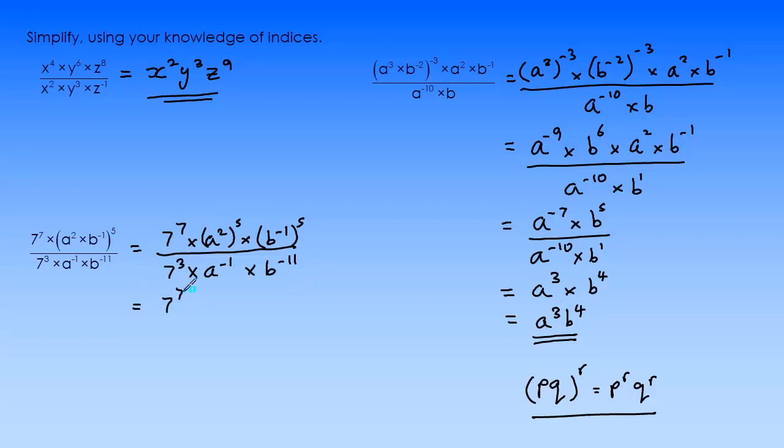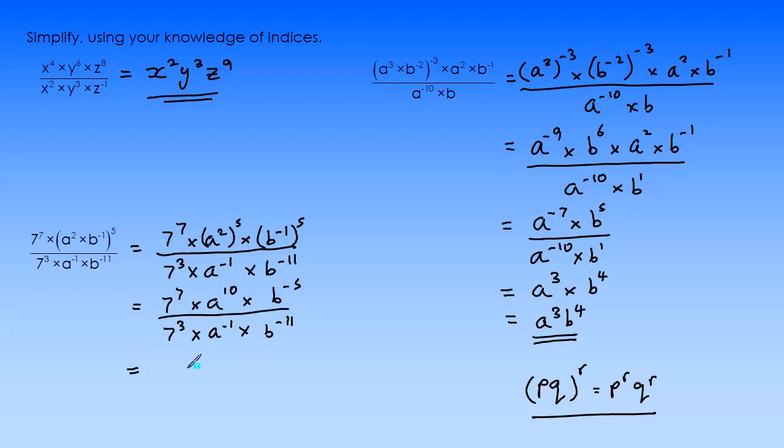So that's 7 to the 7. Remember, here we multiply indices, so that's a to the 10. And here we'll have b to the -5 all over 7 cubed times a to the -1 times b to the -11.